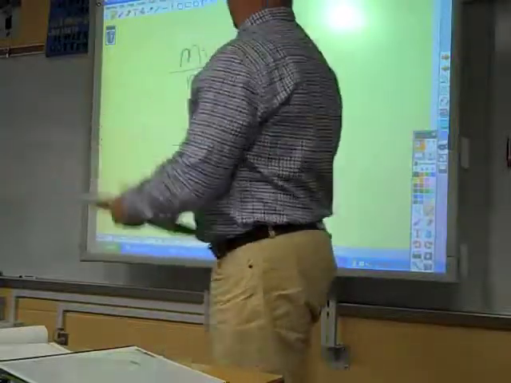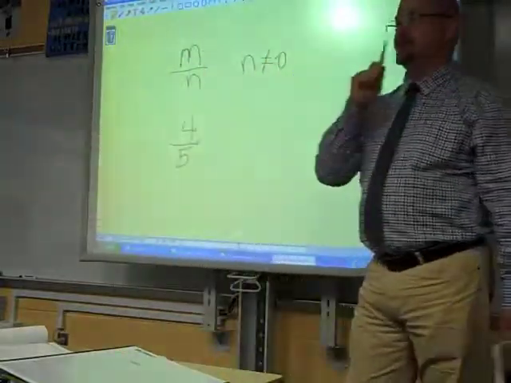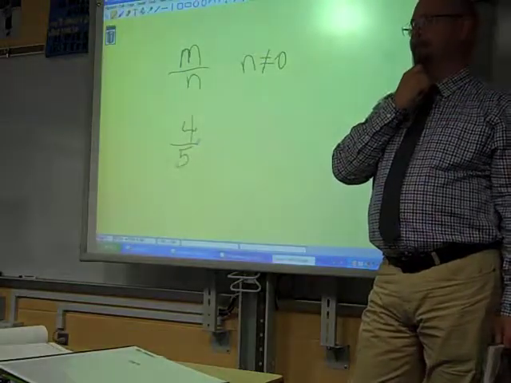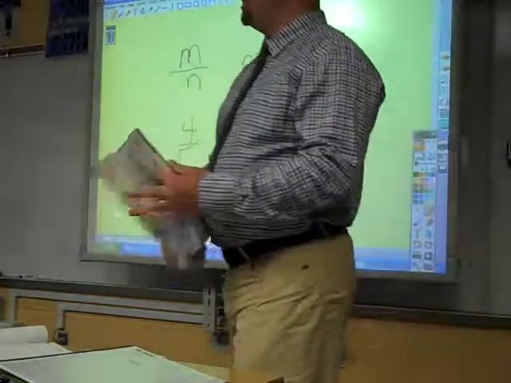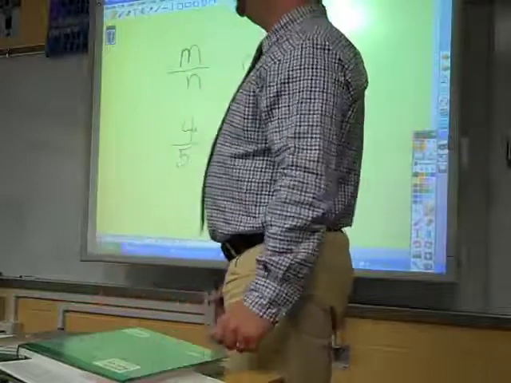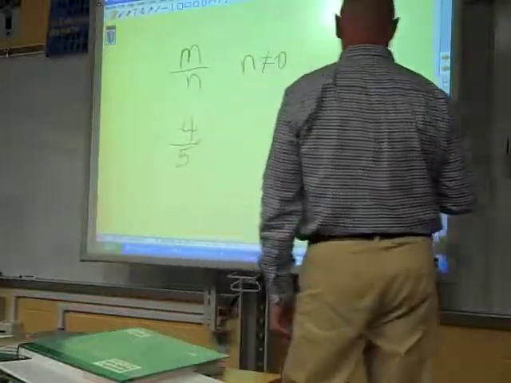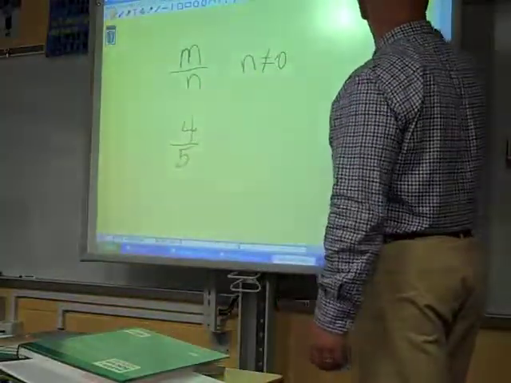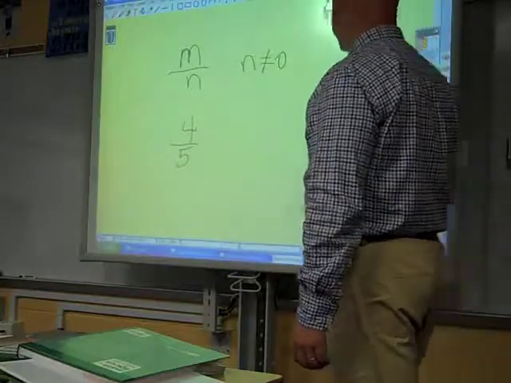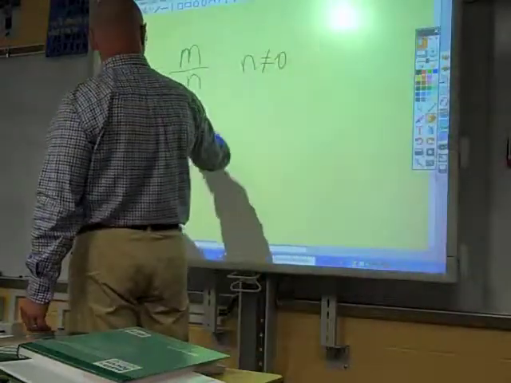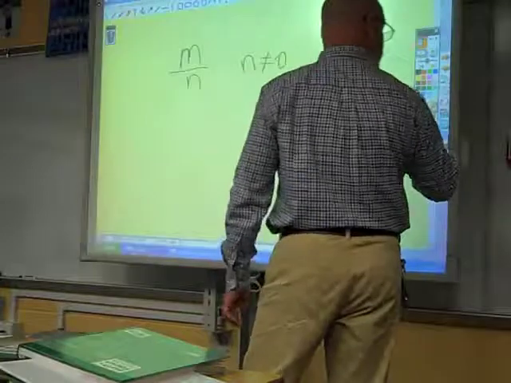Why can't n be equal to 0? Josh! N can't be 0 because every single number above 0 is greater than 0.